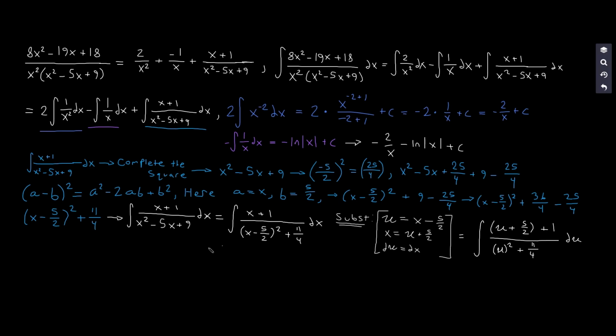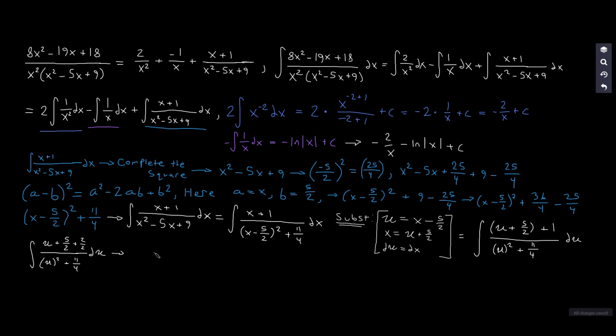And well, at this point, we could just split up the integral. No, we can't, not yet. First, we're going to combine some like terms. We're going to drop these parentheses here, and we're going to have the indefinite integral of u plus 5 over 2 plus 2 over 2 in the numerator, u squared in the denominator plus 11 over 4, integration with respect to u.